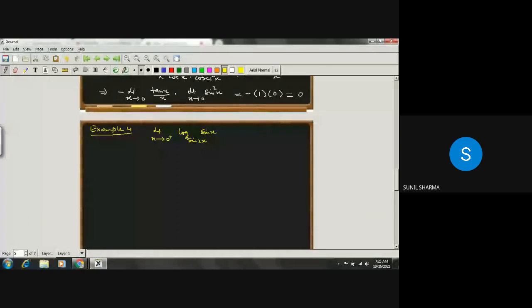So we know that the log of a to base b is equal to log a upon log b. So the next step is we can write this as limit x goes to 0 positive, same as log of sin x upon log of sin 2x.